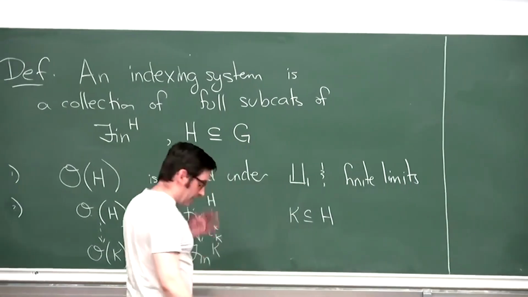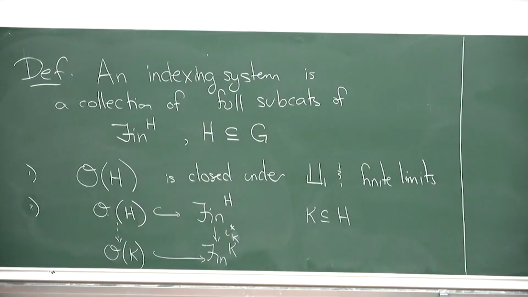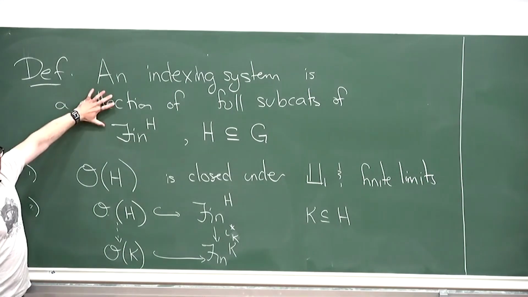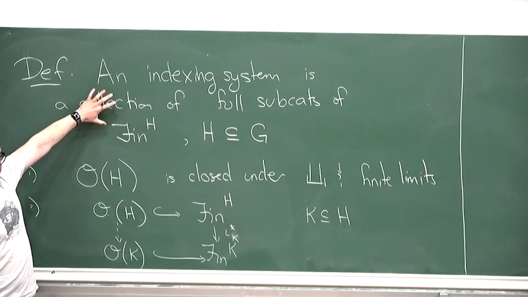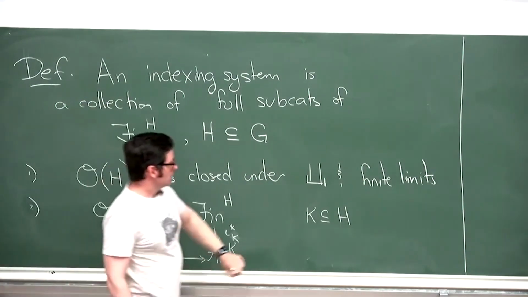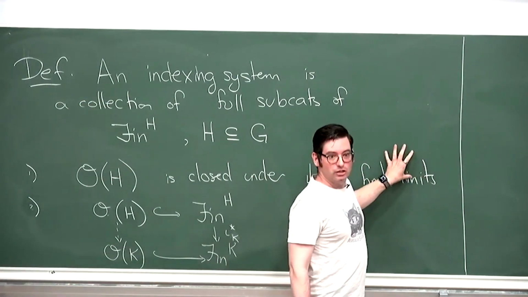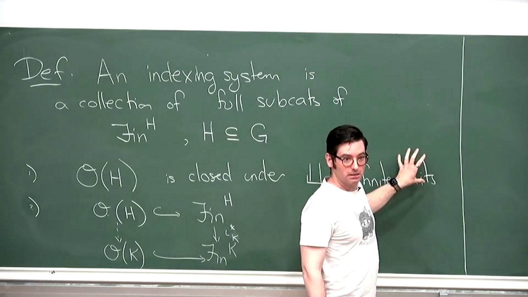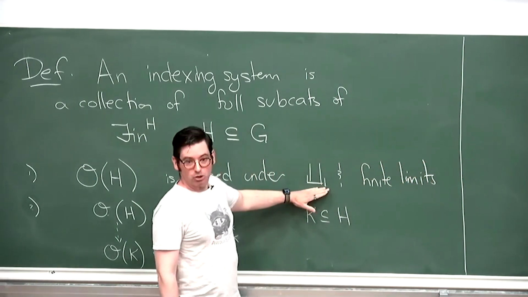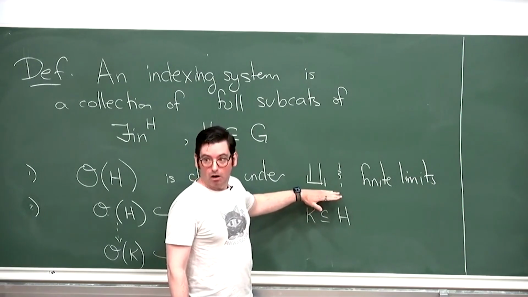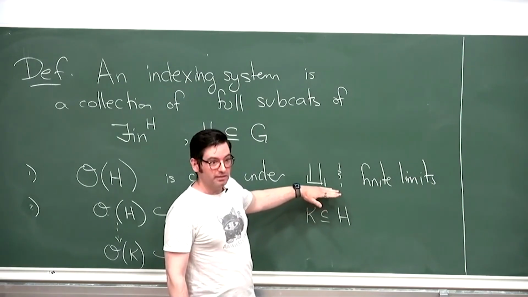So if you're following along at your seat, 1 is not quite 1. 1 and 2 together are basically giving me that I have a collection of finite sets. Closure under finite limits means I contain the terminal object, the point. And closure under disjoint union means I contain arbitrary finite disjoint unions of points.